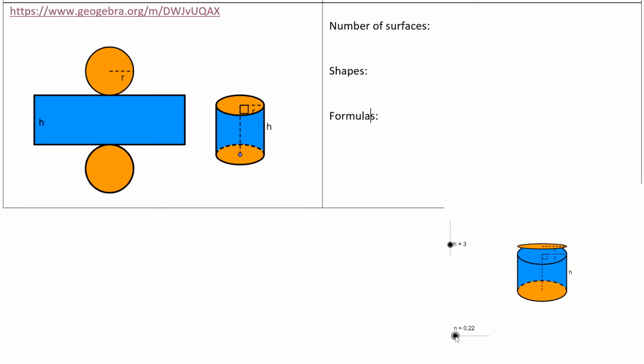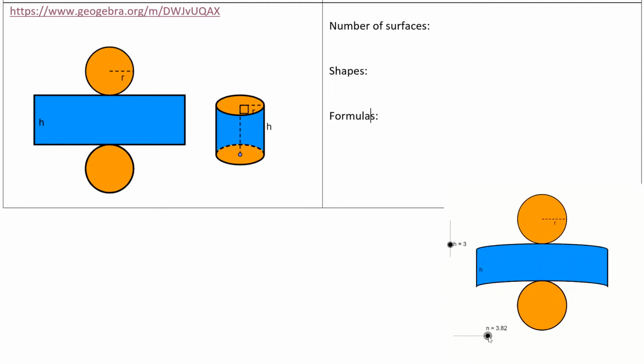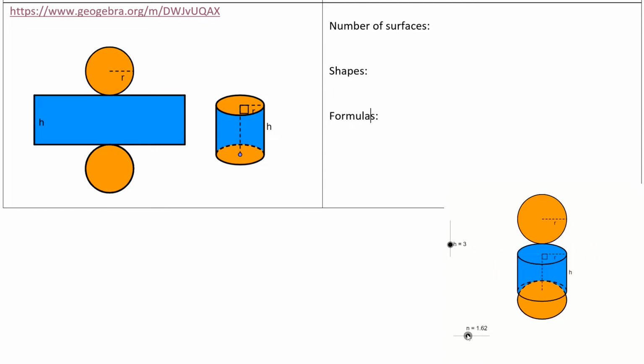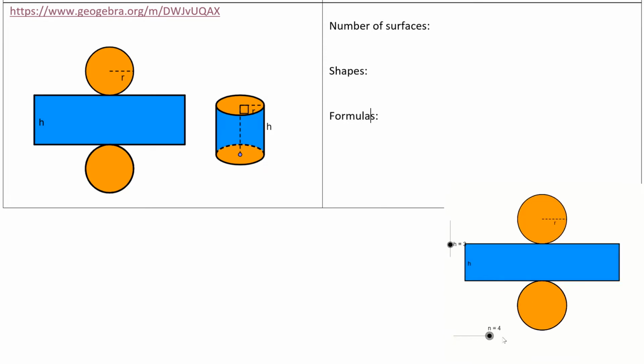Okay, lastly we've got a cylinder, and the animation shows that a cylinder can be unfolded into a rectangle and 2 circles. So the net becomes 1 rectangle, 2 circles. So the number of surfaces there are 3.